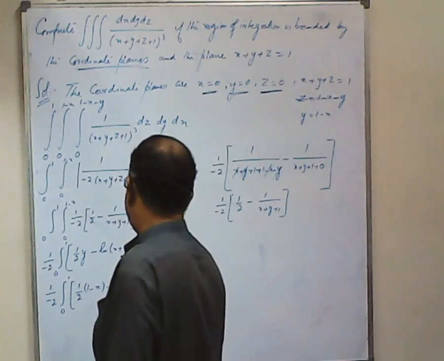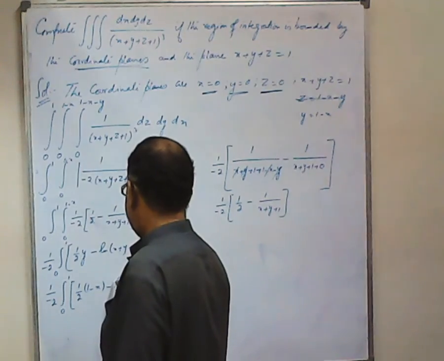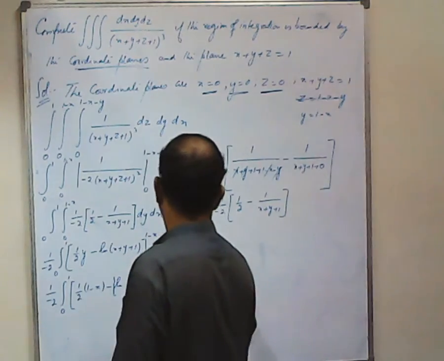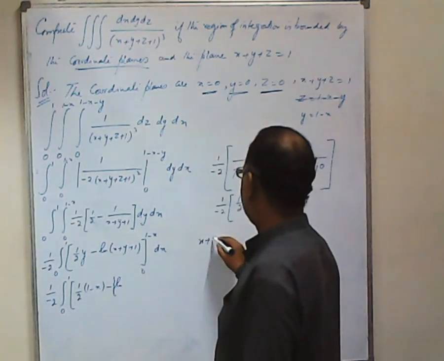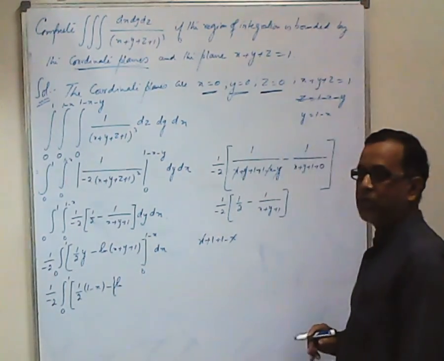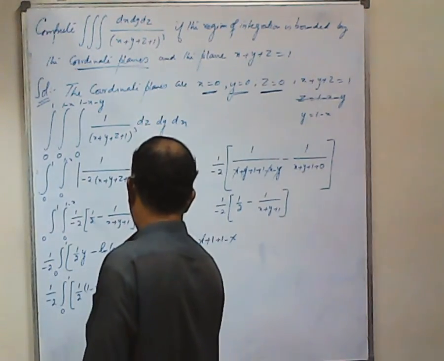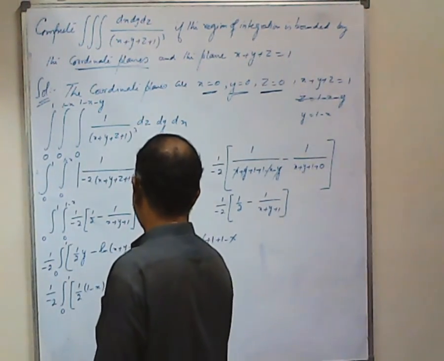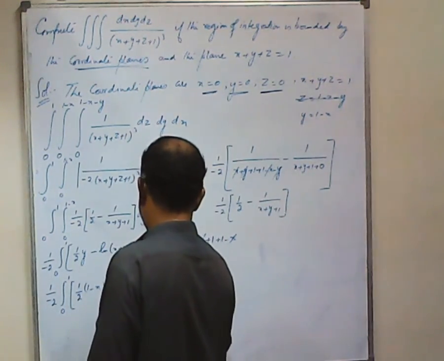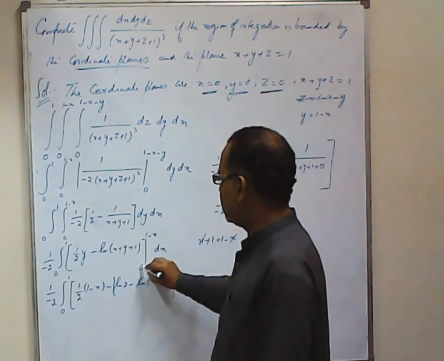Then from here minus log, and then substitute minus log x plus y plus 1, x plus 1 plus 1 minus x, so x cancels with x because we need to substitute in place of y. So this is only log 2 minus log of, now substituting 0, so this is x plus 1 dx, because lower limit of y is 0.